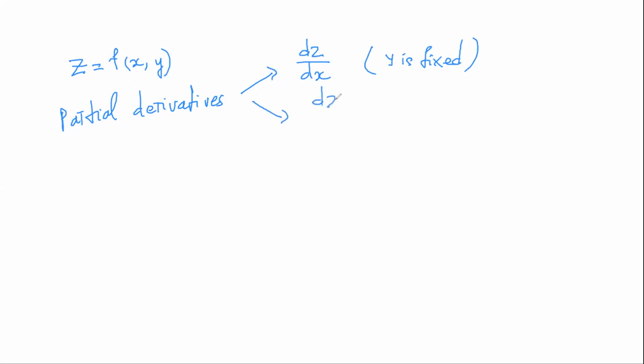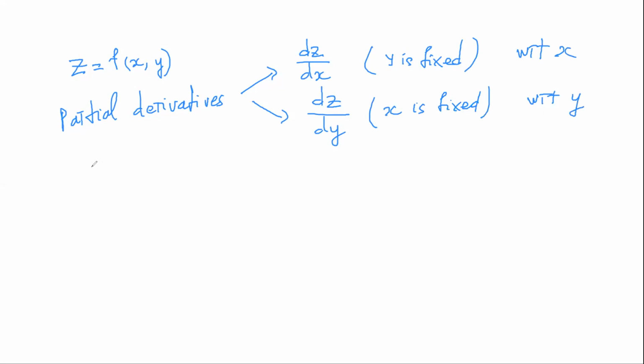Then we have dz with respect to dy, and x is fixed, right? Here we have with respect to x, here with respect to y. Okay?